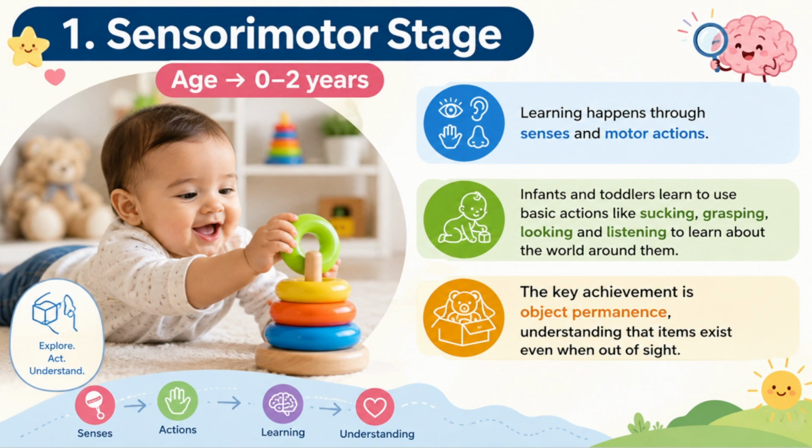The infants and toddlers learn to use basic actions like sucking, grasping, looking, and listening to learn about the world around them. The key achievement is object permanence, that is, the understanding that items exist even when out of sight.